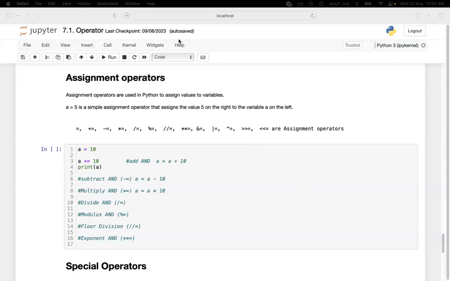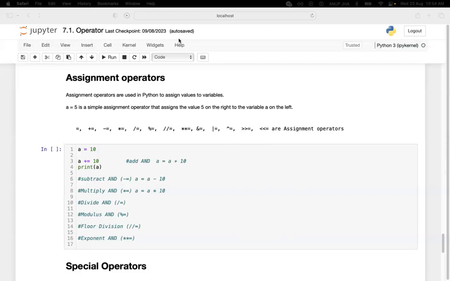Some students are already aware of this because they are already using these symbols when they write code. So when you see the code, you will understand how these symbols actually work.